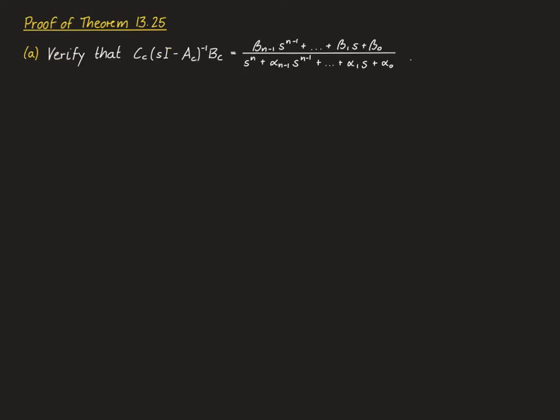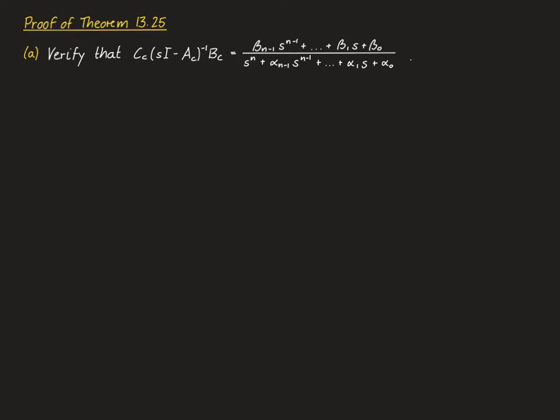Now for the proof of Theorem 13.25, beginning with part A, where we have to show that the state space representation in equation 43 corresponds to the transfer function in equation 42. And the proof of this is basically very simple.